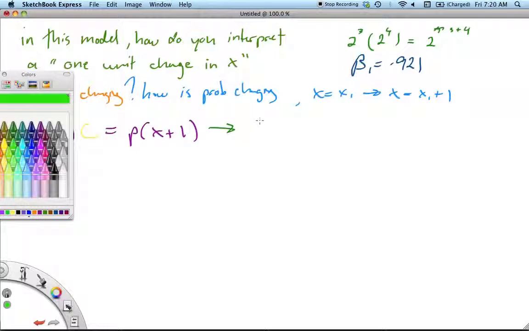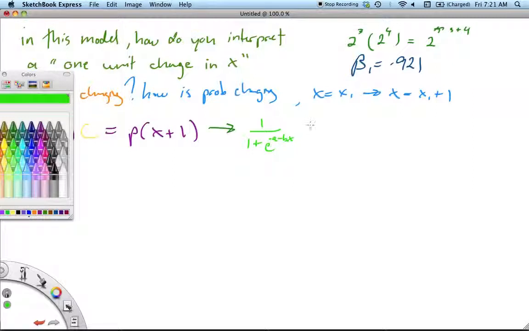So we know 1 over 1 plus e to the negative a minus bx. Maybe my problem was the cheat.